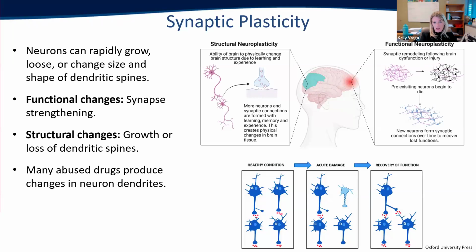Plasticity is a beautiful thing inside of the brain. It is the old dog, new trick situation. Plasticity is what affirms the new trick situation.